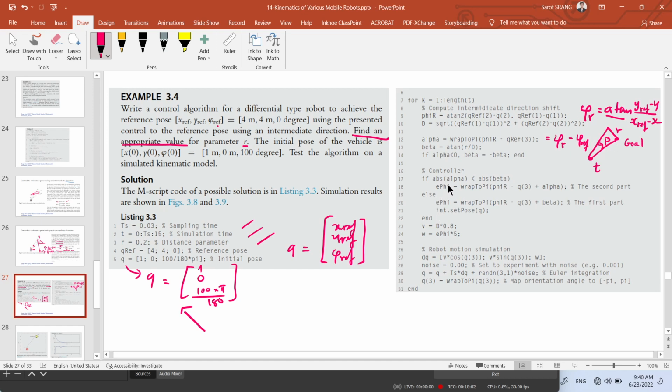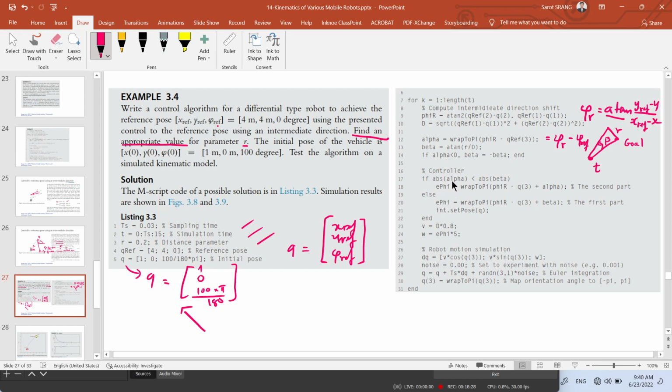And then here we need to assign the sign of beta correctly. Beta is initially calculated to be always positive, but then we check if the sign of alpha is negative, and we invert the sign of beta. And here we start constructing the controller.